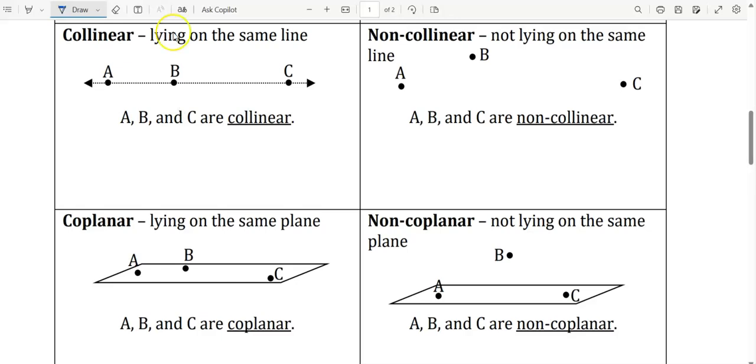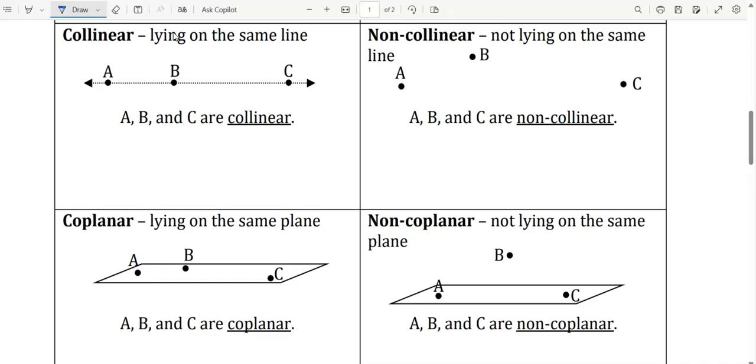So we're in the middle of the page here. Non-collinear is not collinear. When points are not on the same line, you see A, B, and C, they don't make a straight line. They're non-collinear. If I tried to draw a line through two of them, it wouldn't go through the other one. And then non-coplanar is the same thing.